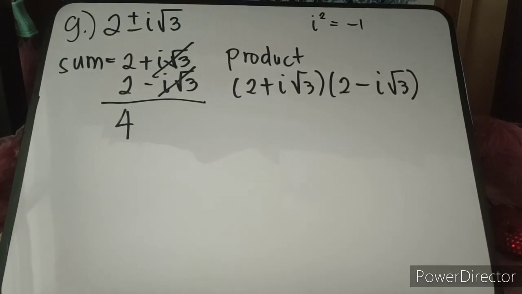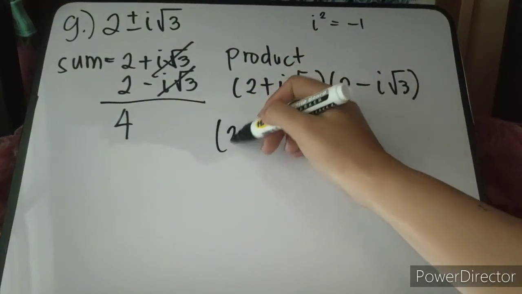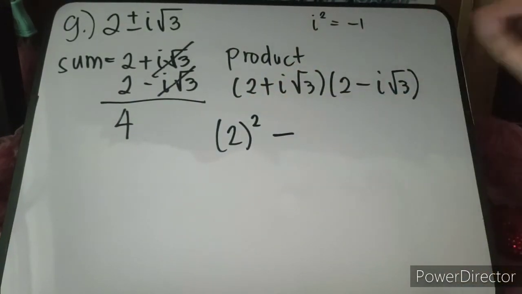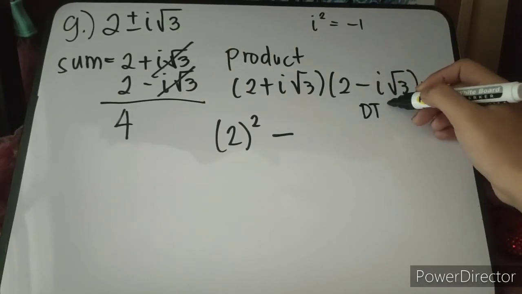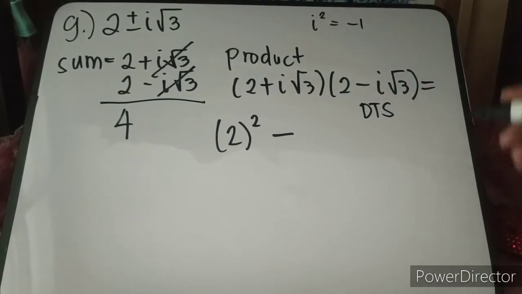Kanina yung pinakita ko is the FOIL method, but this time I will show it in shortcut na lang. Kunin na lang natin yung square ng first term, which is yung 2 squared, minus, kasi ang answer nito is difference of two squares. So, mga estudyante ko, I am mentioning it as DTS, or difference of two squares.